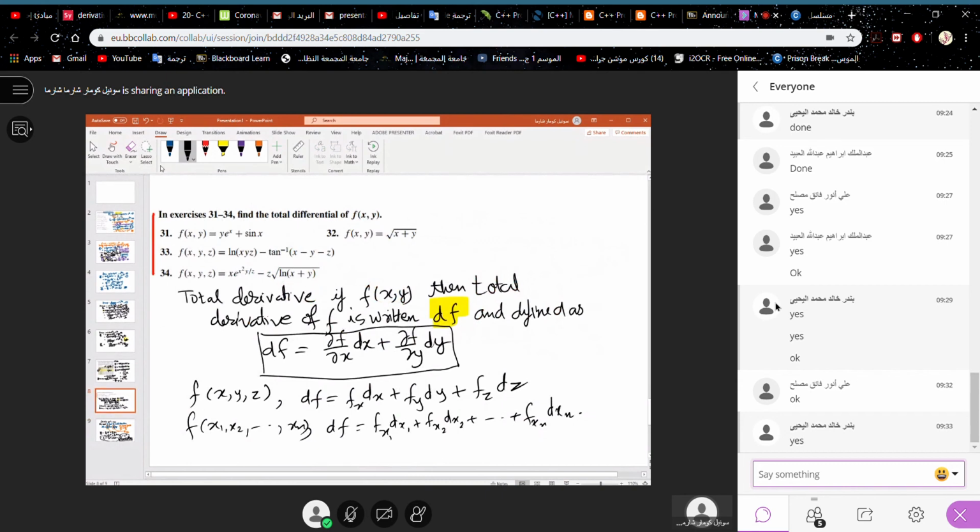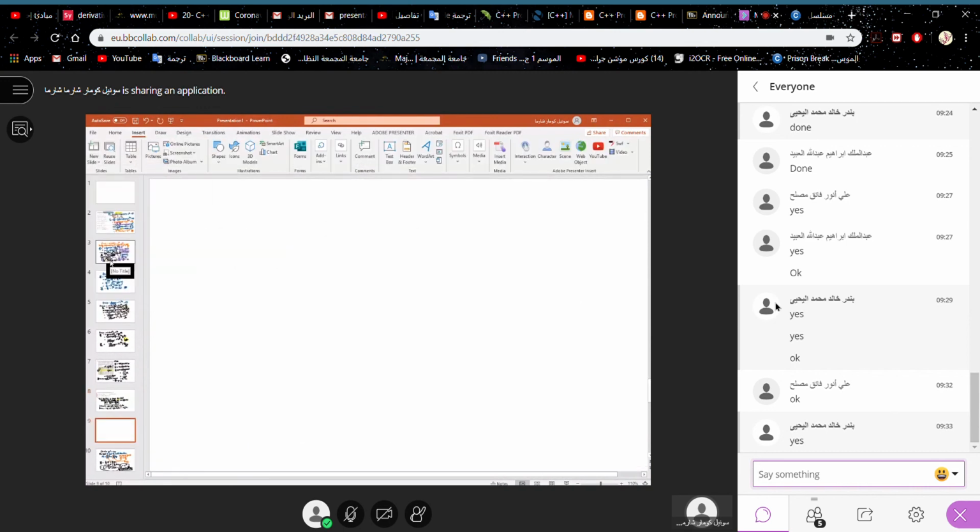f of x y z equal to ln x y z minus tan inverse x minus y minus z. We need total derivatives. So df equal to fx dx plus fy dy plus fz dz.